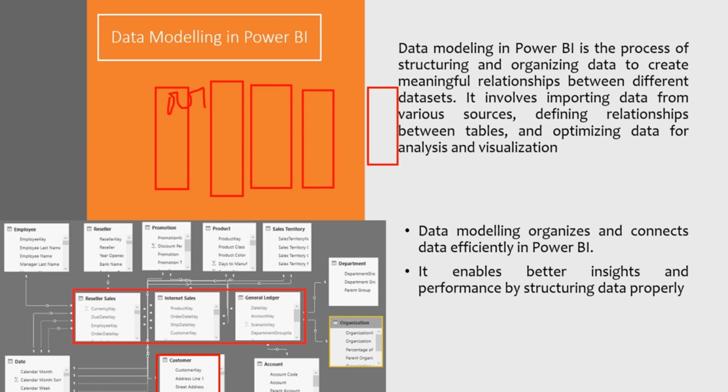Information about the customer. Let's say customer ID 001 is Ahmed Ola. You can only have Ahmed Ola's information once in the customer table: his customer key, his street address, his phone number, his email, his date of birth, and so on.